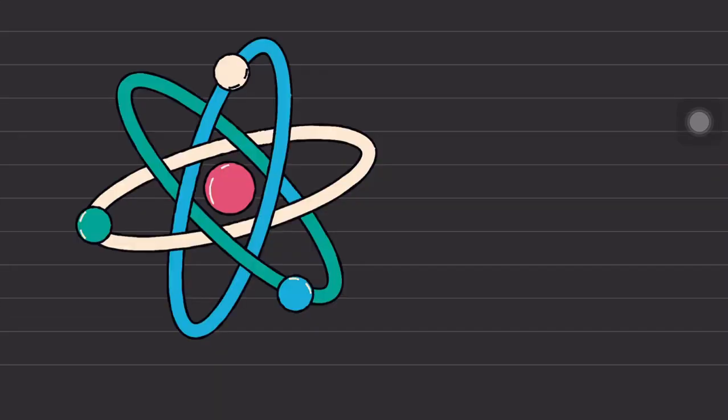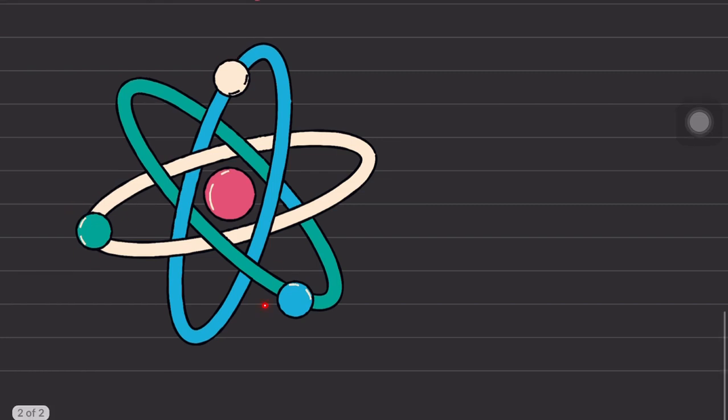So here we've got a tiny model of the atom. These particles that you see are all revolving around this pink thing here. This pink thing is what we call the nucleus.